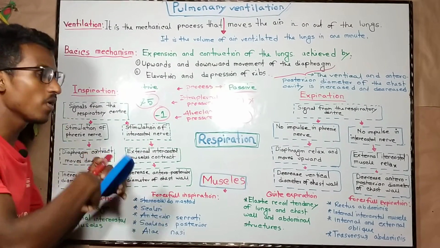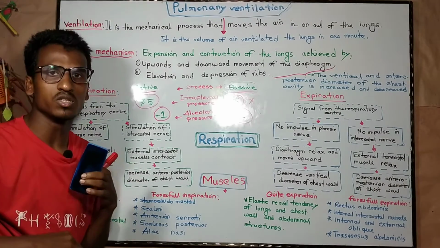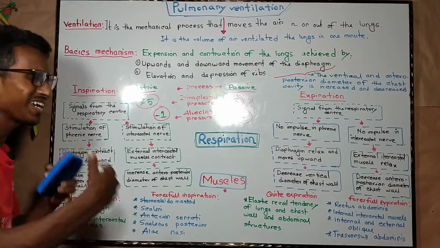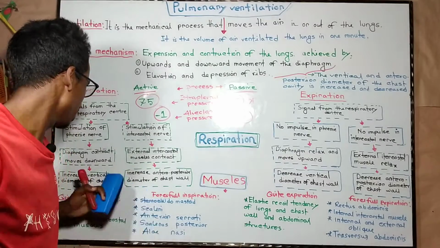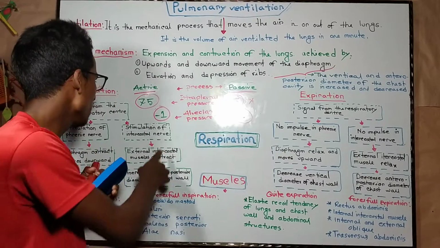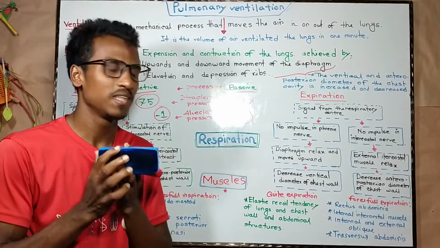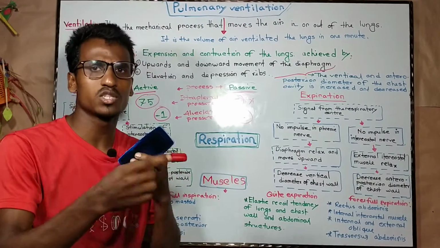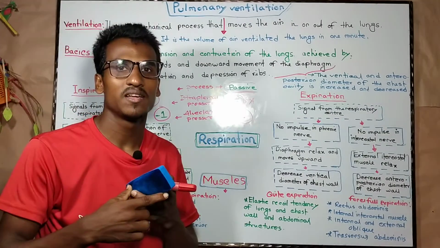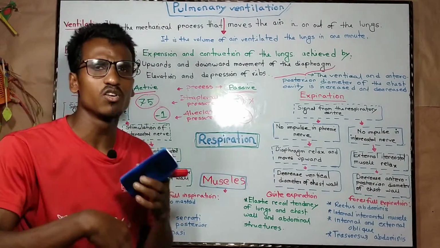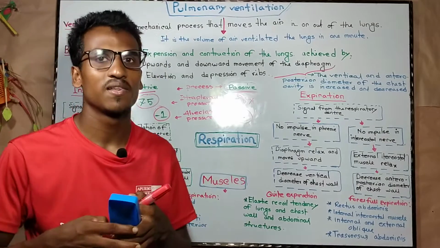So, the diaphragm contracts and moves downwards, and the vertical diameter of the chest wall increases. At the same time, stimulation of the intercostal nerve makes the external intercostal muscle contract. So, the anteroposterior diameter of the chest wall increases.